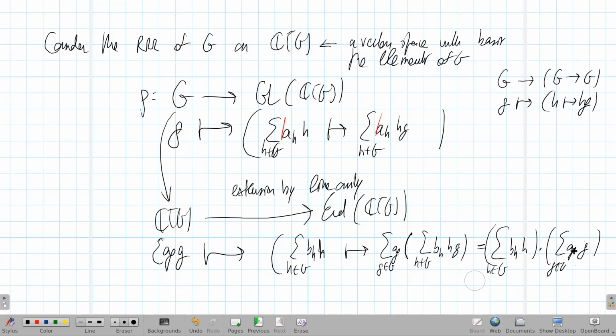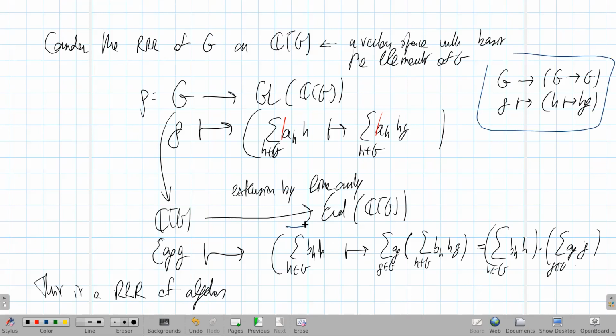And so this is nothing else than the product of this by this group element, by this element of the group algebra. So you see, the right regular representation of G on CG is also a right regular representation of algebras. Just compare this and this. It's really the same thing in two different categories.